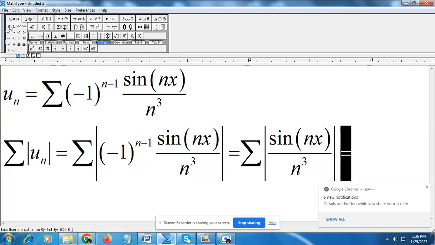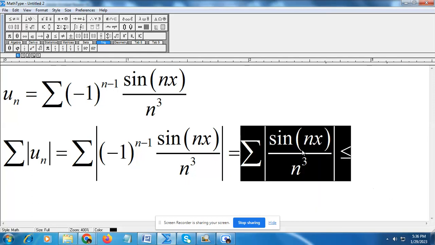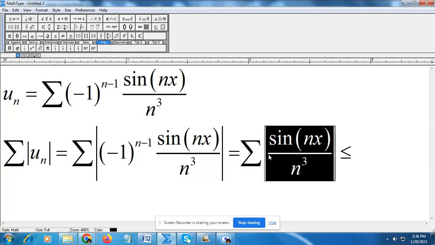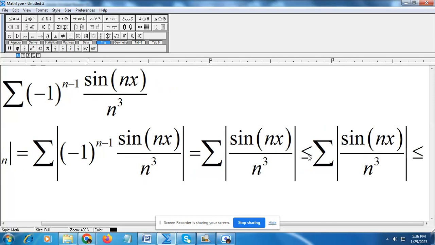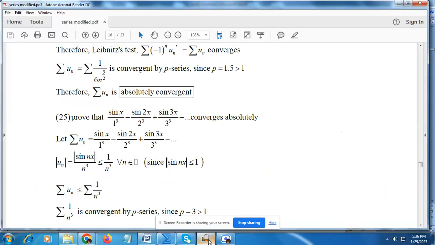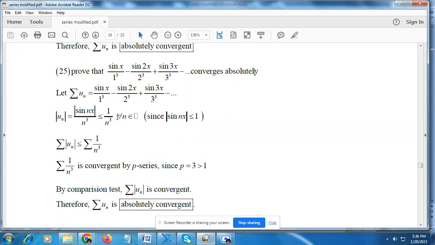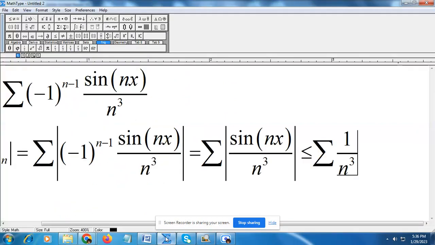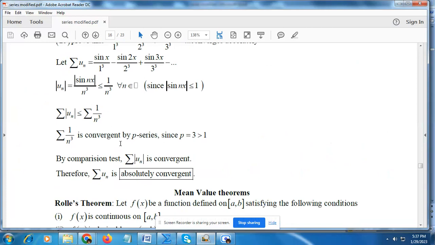So according to this, sigma mod un is less than or equal to sigma 1 by n cube.